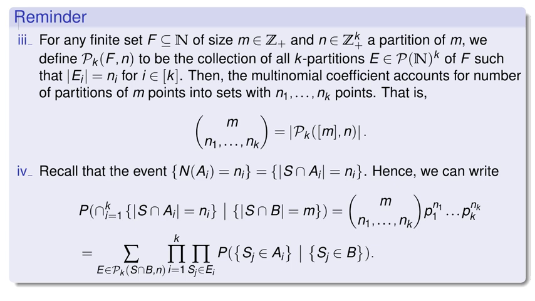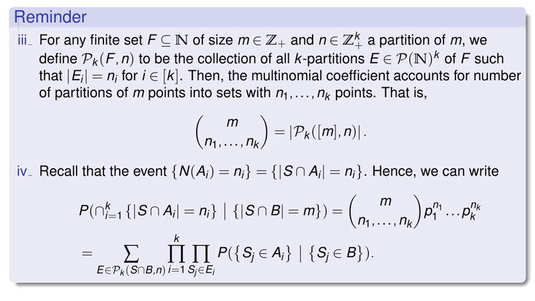Fourth point of reminder, if we define E_i as S intersect A_i and E as S intersect B, recall that the event N of A_i equals n_i is the same as the cardinality of S intersect A_i equals n_i.